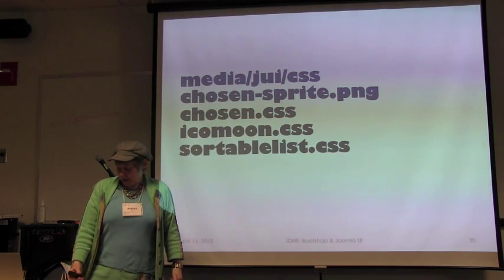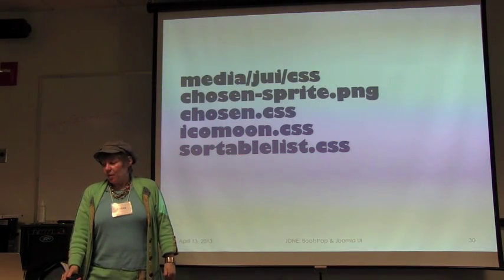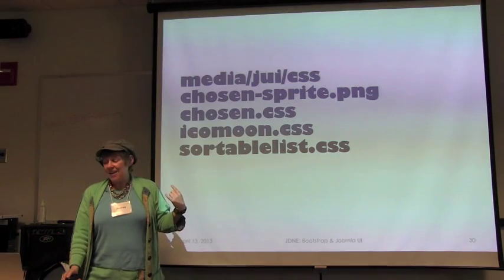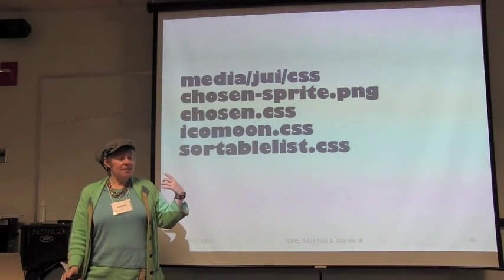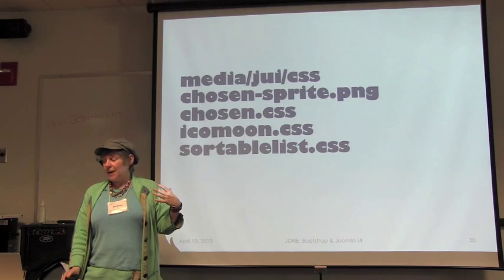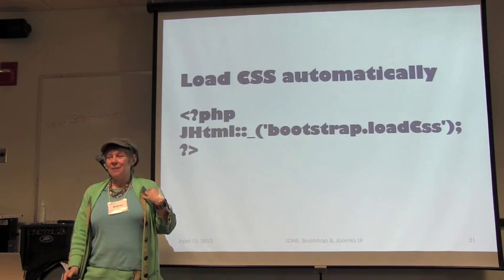Okay, so getting on to how you would actually use these then. What you need to do is add all this specific Bootstrap stuff to your template. And you can actually do that pretty easily.